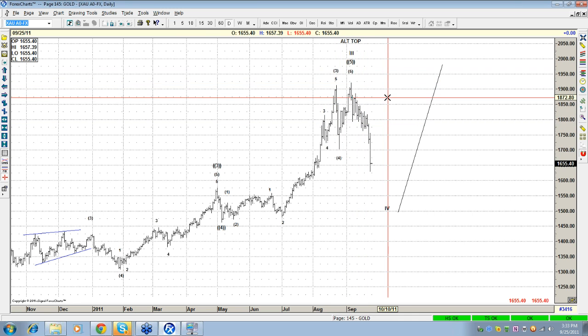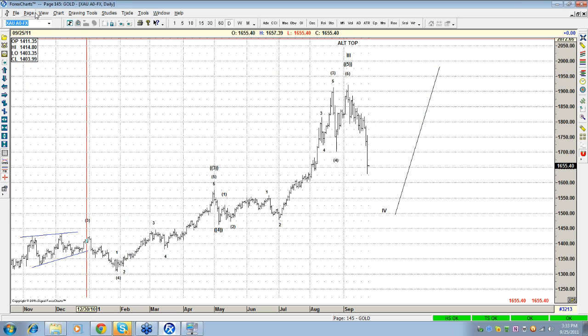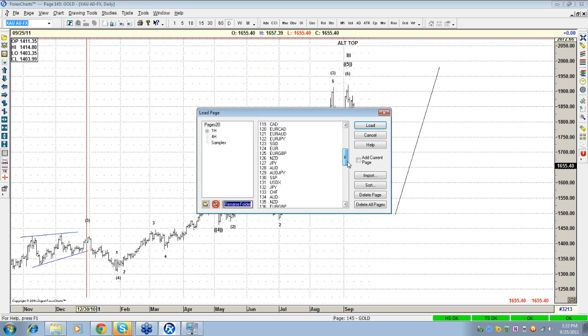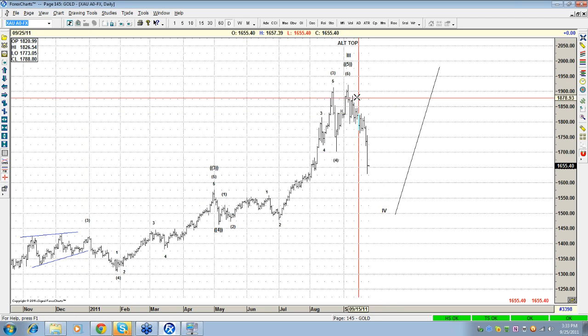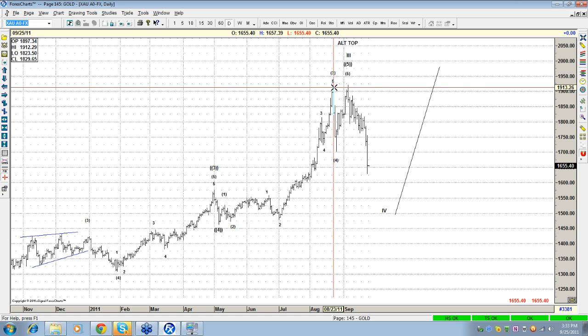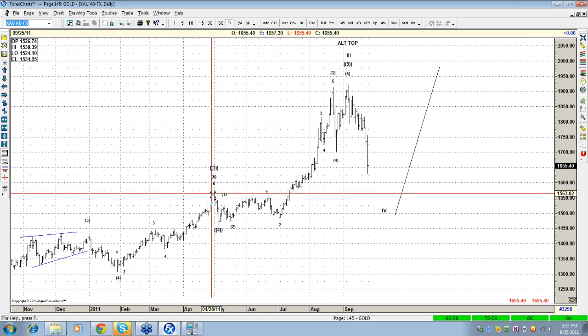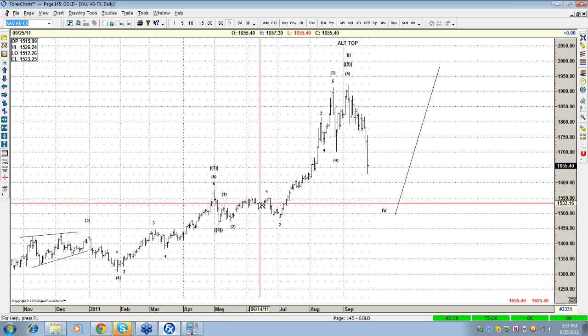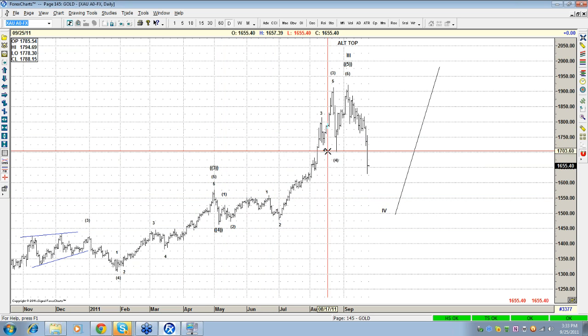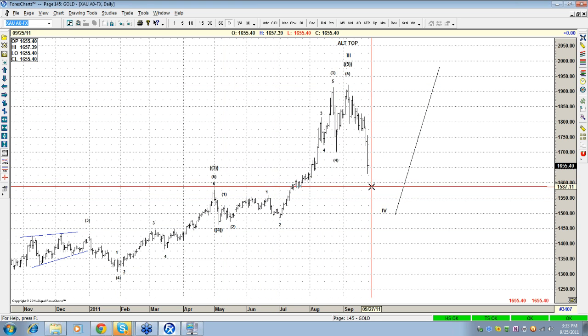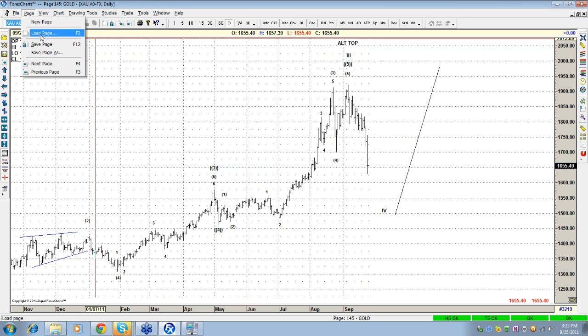If you want to look at it like this, I don't like it like that. This is an alternative. I like it like this. This is the end of 3, when we got a flat here, 1, 2, 3, 4, 5, and we are running a flat to the downside.